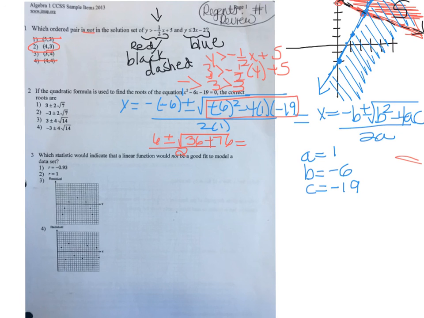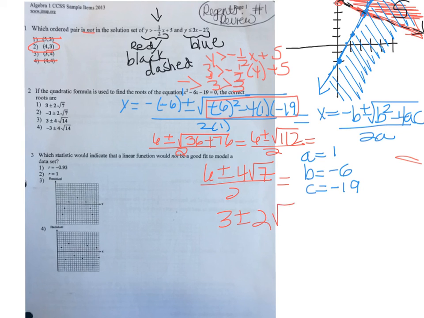Then combine that with 36, and we get 112 under the radical. 112 simplifies further: 16 times 7 is equal to 112. 16 is a perfect square, so the square root of 16 is 4. Radical 7 divided by 2 simplifies to 3 plus or minus 2 radical 7. So here's your answer, choice 2.